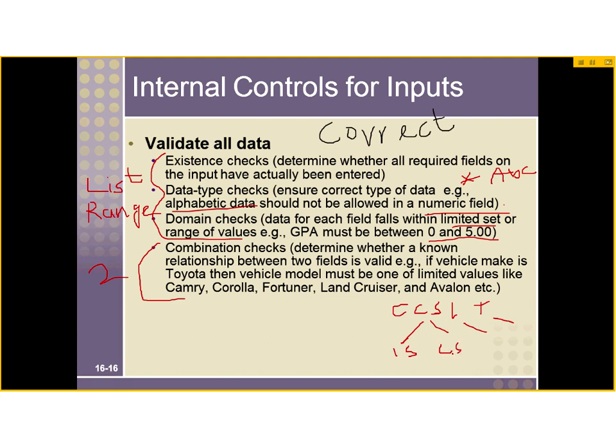Combination checks. All these first three checks are applicable for a single field. Combination check is applied for two fields. Sometimes there is a combination between two fields. For example, if the user selects college as CCSIT, then for department, the user has only 4 options.